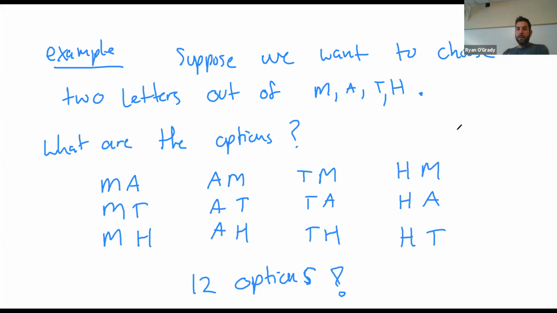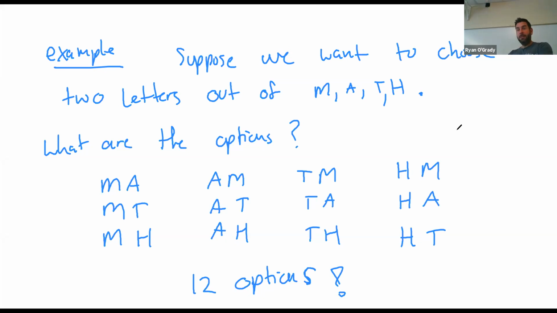So one way to think about this is to say, okay, if I have 4 options for my first and 3 for my second, 4 times 3 is 12. That makes sense, right?